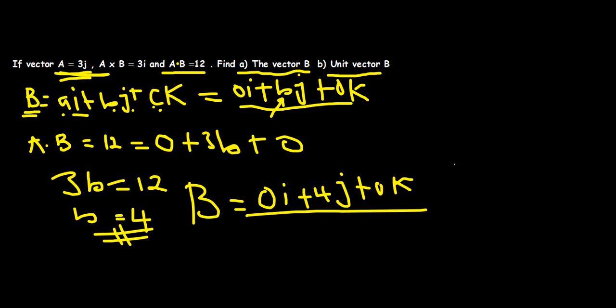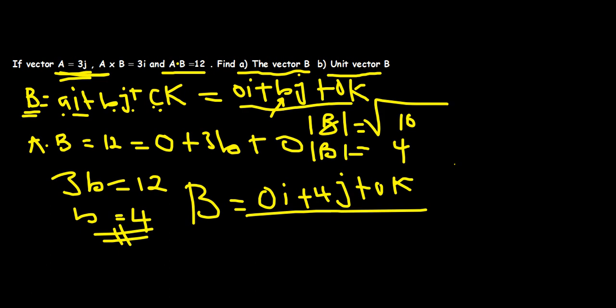We just find the magnitude of b and divide. The magnitude of b is equal to the square root of 0 squared plus b squared. b squared is now this 4, so it will be 16 here, and then plus 0 squared. So the magnitude of b here is just 4.